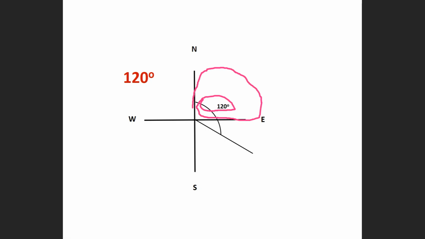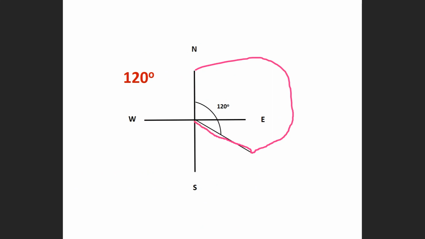Nope, it is actually all this part up to this line here. That's 120 degrees. It's 0 degrees from here, and then move on to 10, 20, all those numbers. We go to 90, then as you can see from the protractor itself, 90, 100, 110, 120. That's just the way it is.